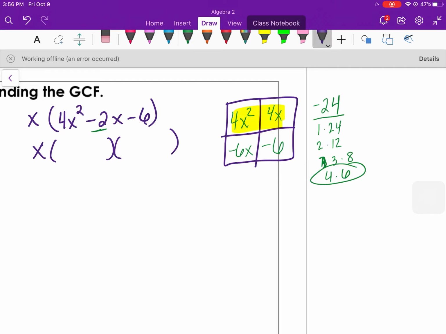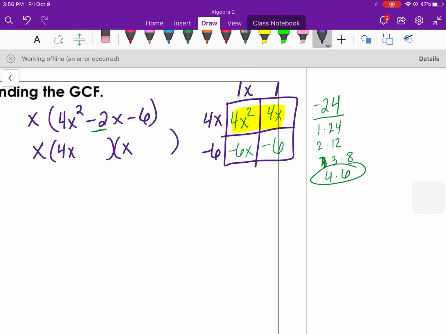Then look at what does 4x squared and 4x have in common. They both have a 4x, so I'd put the 4x in that row. Then 4x times 1x gives me 4x squared, and 4x times 1 is 4x, and x times -6 would be -6x.